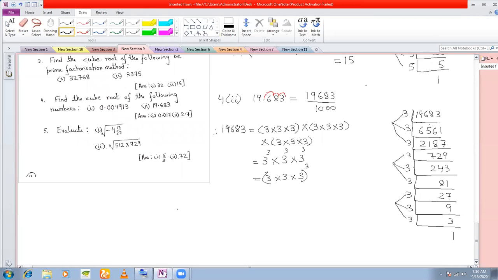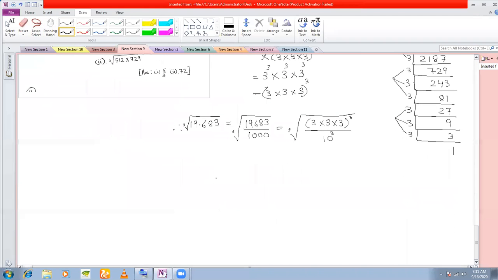Once I have prime factorized this, the cube root of 19.683 is equal to cube root of 19683 by 1000, which is equal to cube root of 3 into 3 into 3 whole cube divided by 1000 written as 10 cube, cube root of 3 into 3 into 3 divided by 10 whole cube.